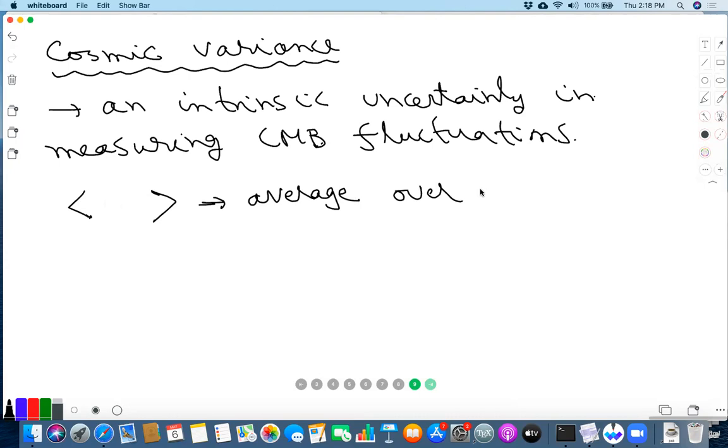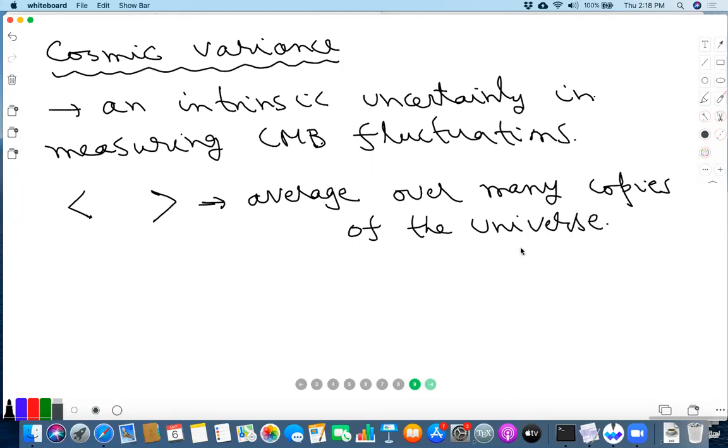Over many copies of the universe. But of course, we don't have many copies of the universe, right? We have only one universe, so we can only measure this in our universe.